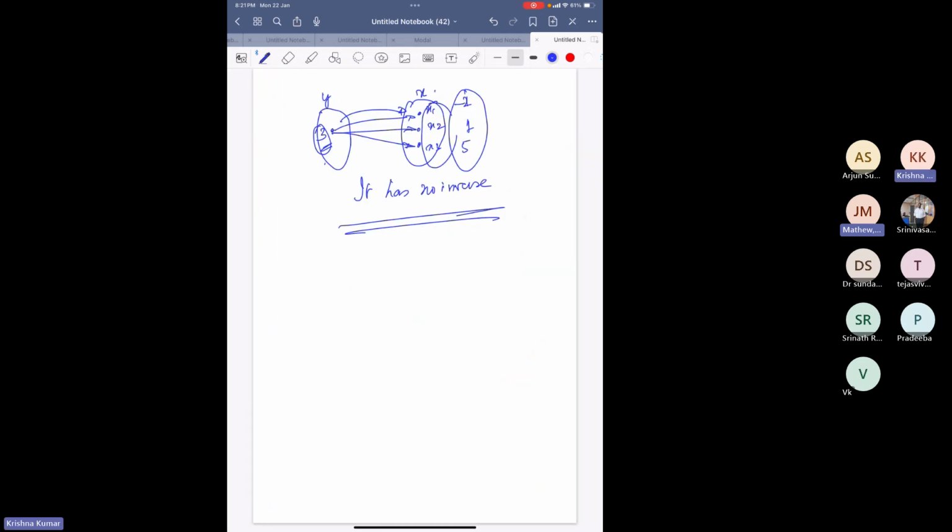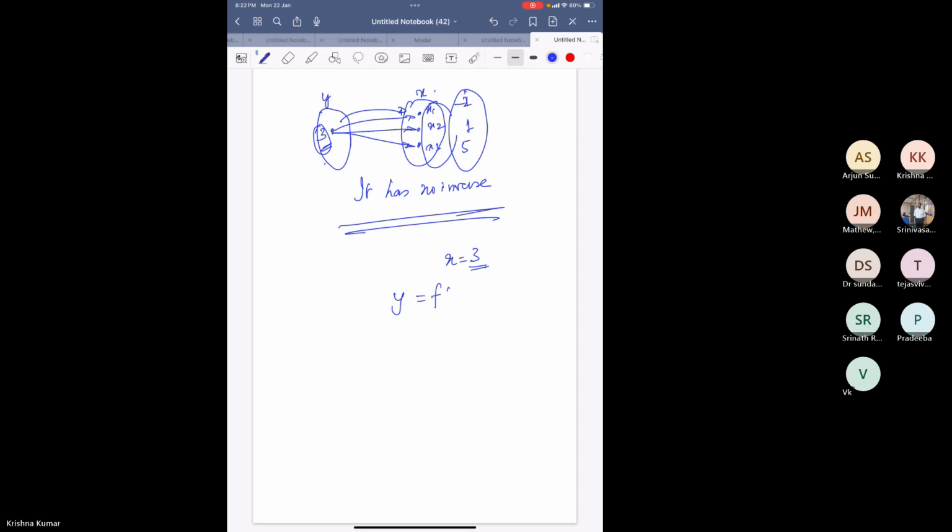I didn't understand why one to many doesn't exist. So suppose I give you a value of 3. Let us say x is equal to 3. I want a function which will take me to y.